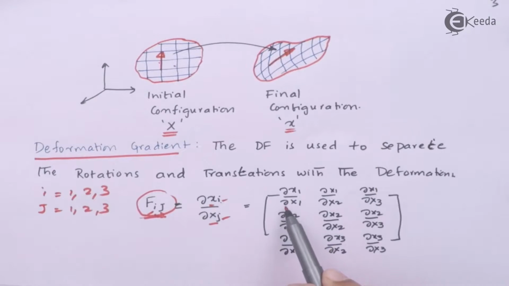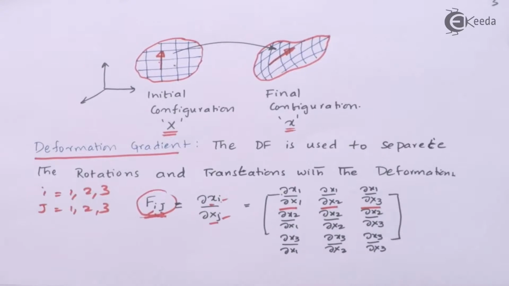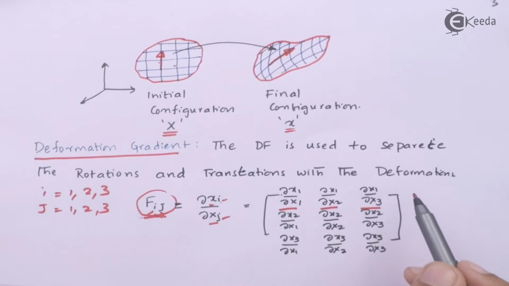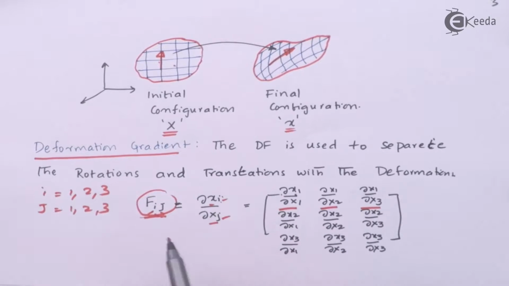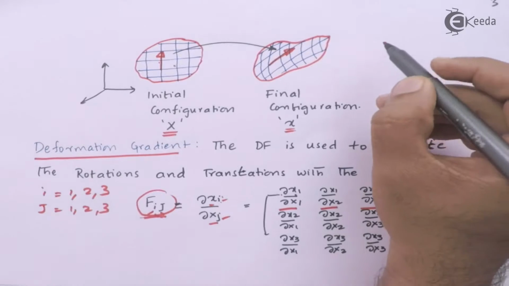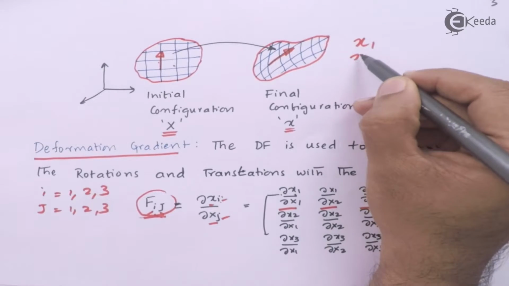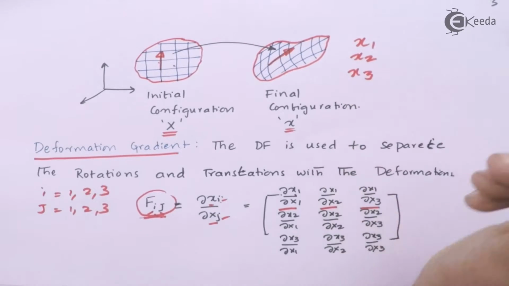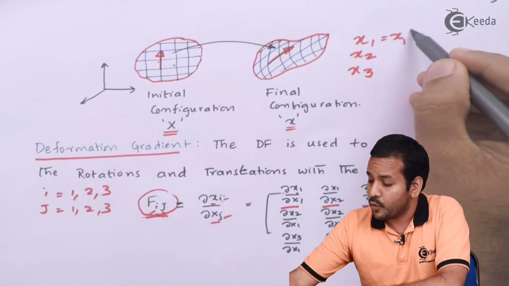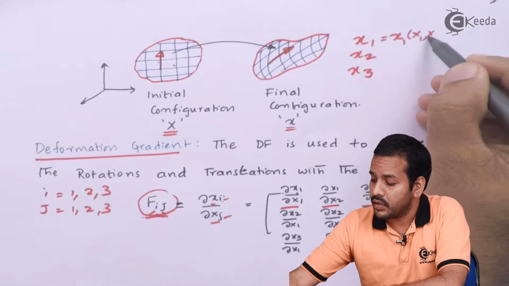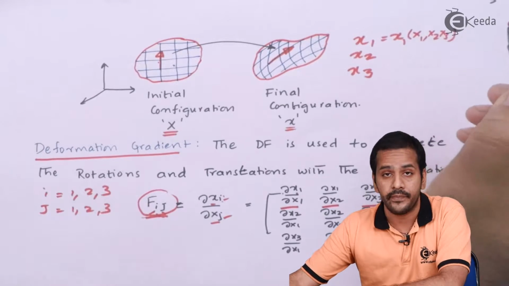If you see how I wrote this, this is dou small x1 by dou capital X1, dou small x1 by dou capital X2, dou small x1 by dou capital X3, where this row is comprised of small x1. How many functions do we have here? We have small x1, small x2, small x3, where small x1 is a function of capital X1, capital X2, capital X3.